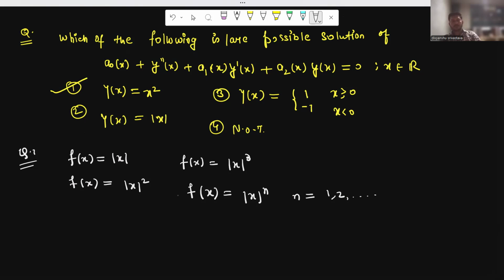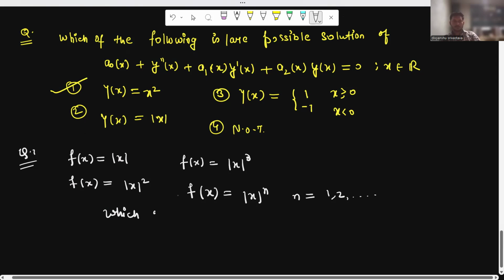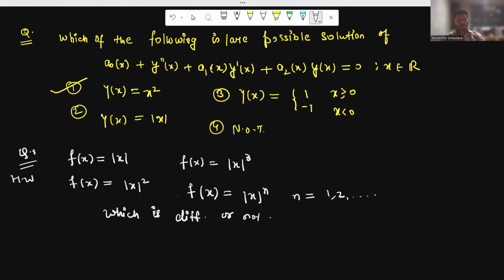Okay, so your question is which is differentiable or not. Okay, try it at home. These are the SW part.